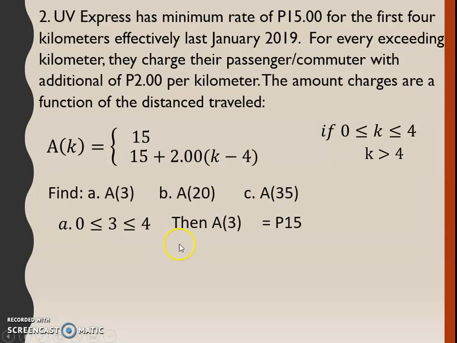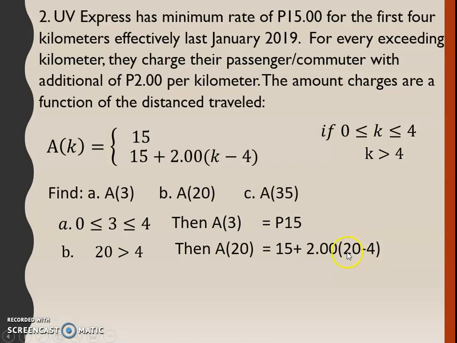And how about for the second one? Letter B, 20 kilometers. So 20 is greater than 4. Then we will have the second equation, A of 20 equals 15 plus 2 pesos, the rate, times the quantity K minus 4, where K is 20.